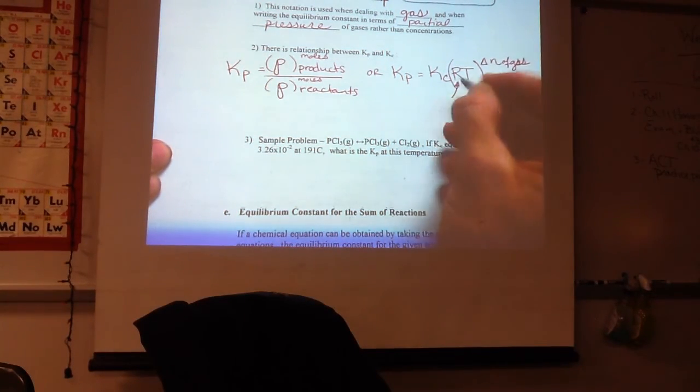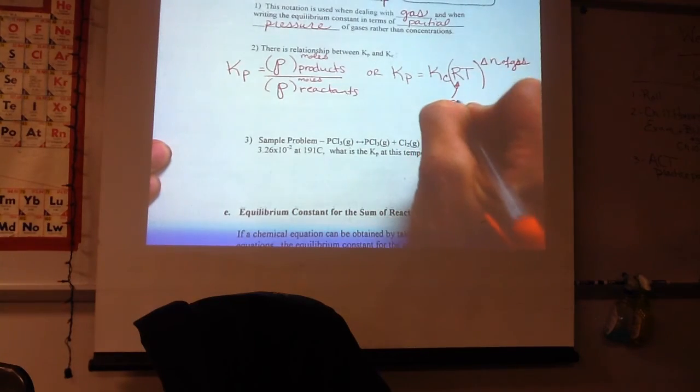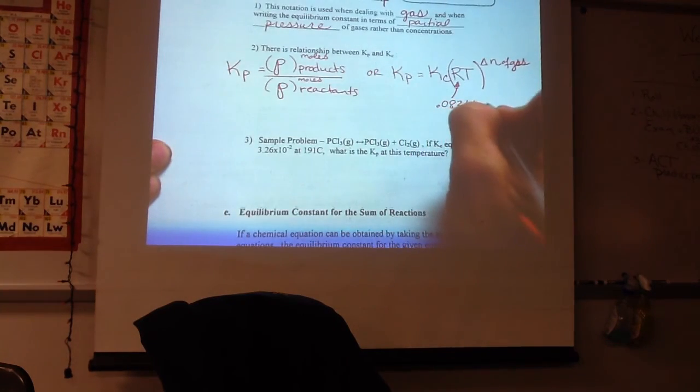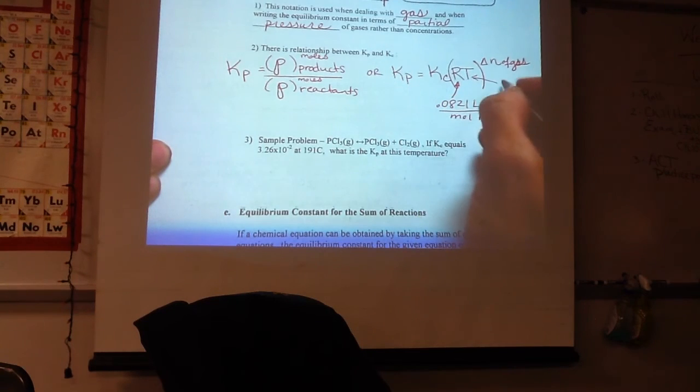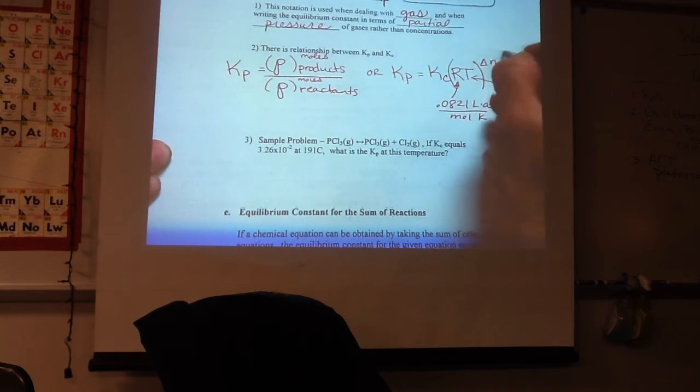The R value is the gas constant, 0.0821 liter atmospheres over moles Kelvin. Temperature, therefore, would have to be in what unit? Kelvin, because we're dealing with gases.